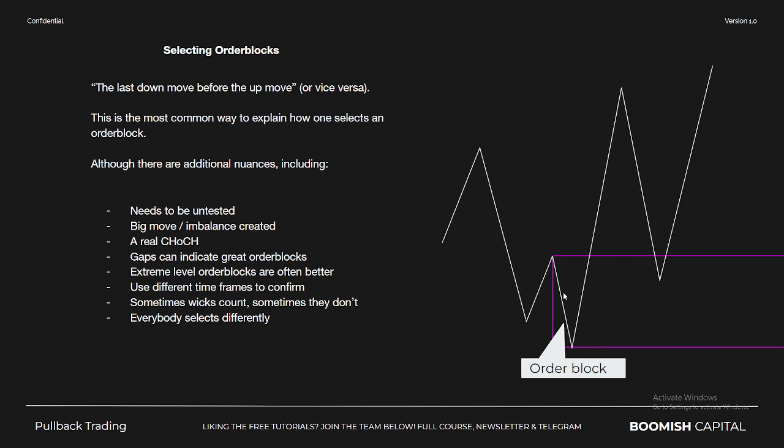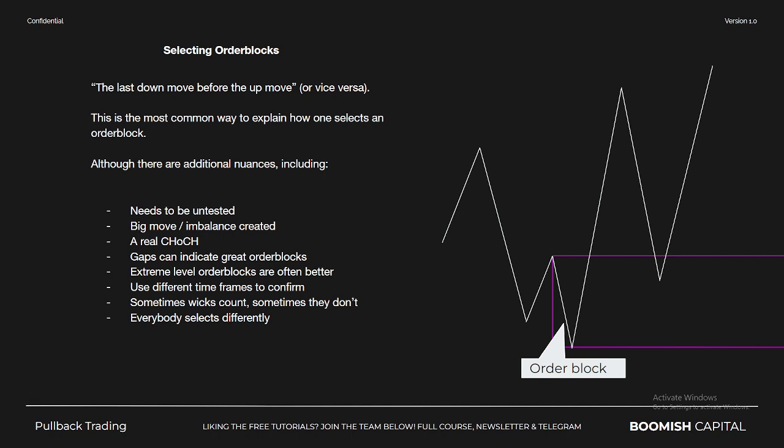Sometimes people use wicks, and wicks are usually the thing that most people have a dispute over. So is a wick included in the order block, or is it excluded from the order block? That is usually the biggest dispute. But again, there are different types of order blocks and different types of people in how they pick them. So it's completely irrelevant.